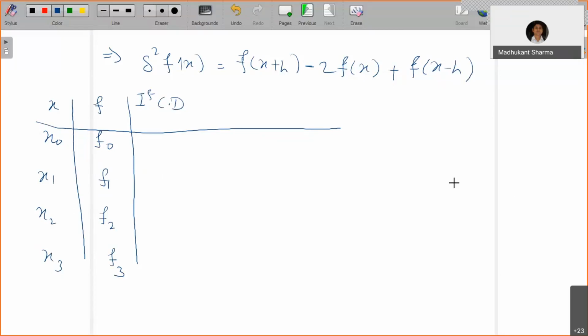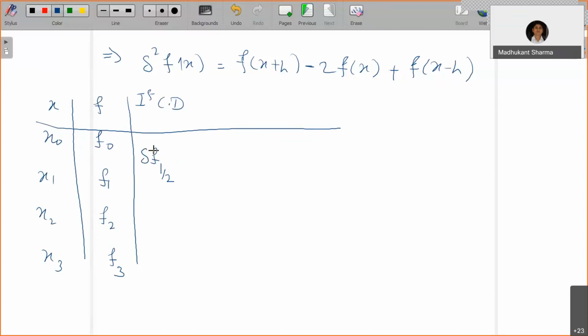If you use x naught plus h by 2 instead of x naught, which means half a step ahead, then what is delta f half?